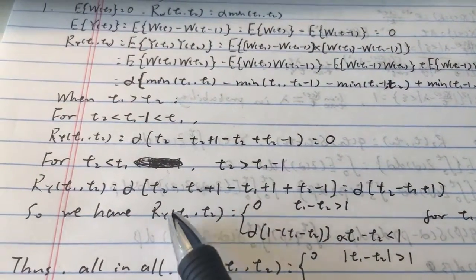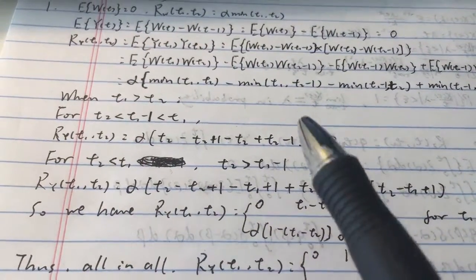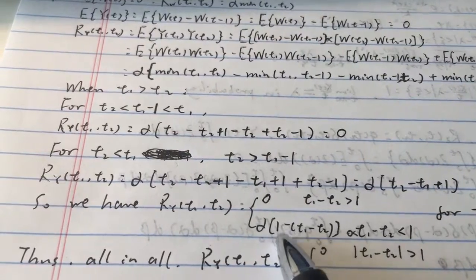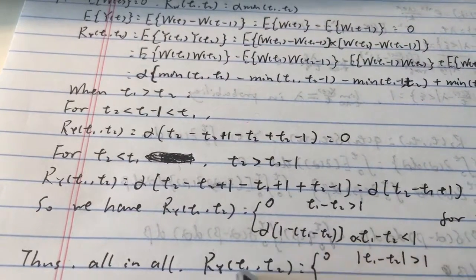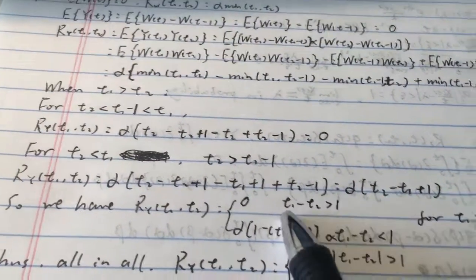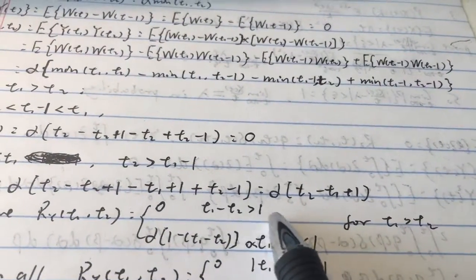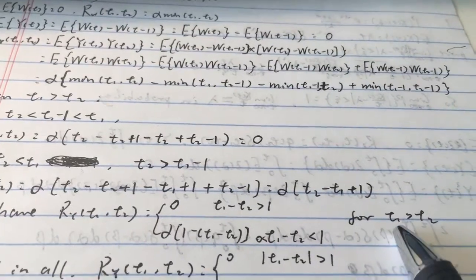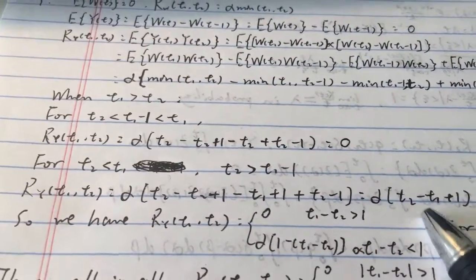The autocorrelation should be 0, or alpha multiplied by 1 minus the value of t1 minus t2. These are the two cases for t1 more than t2.